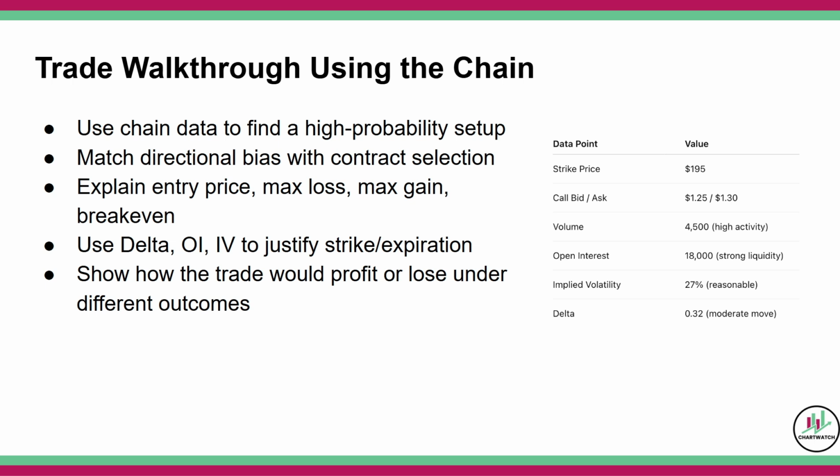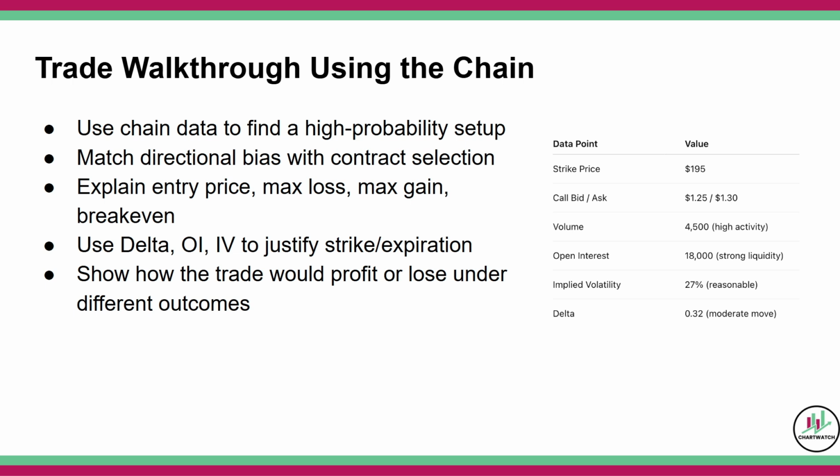Our break even point will be the $195 strike plus the $1.30 premium, so our break even point is 196.3. This means you need Apple to rise above 196.3 at expiration to profit. Anything below that is a partial or full loss.